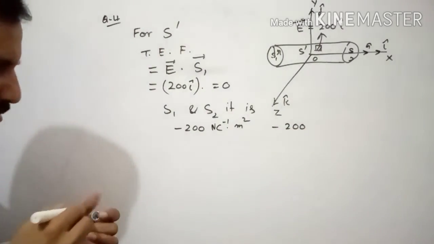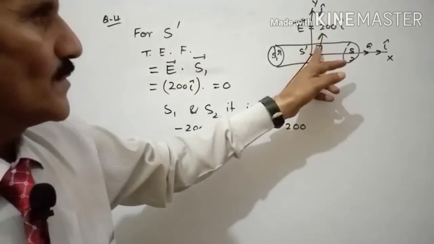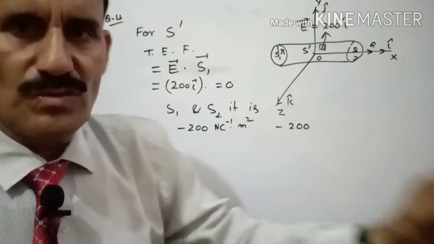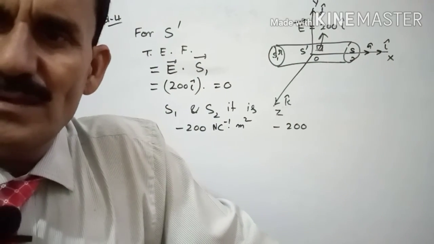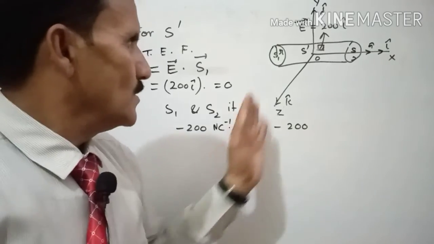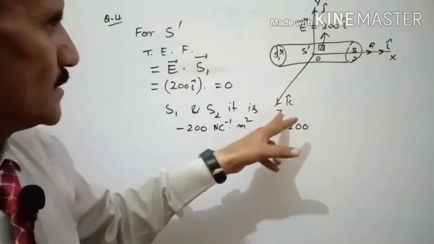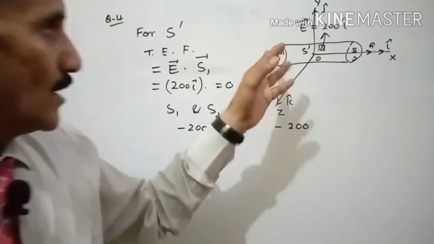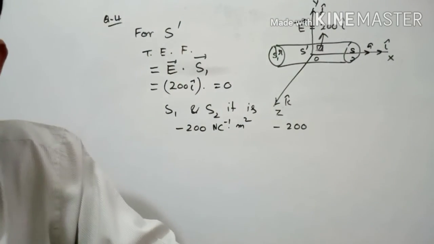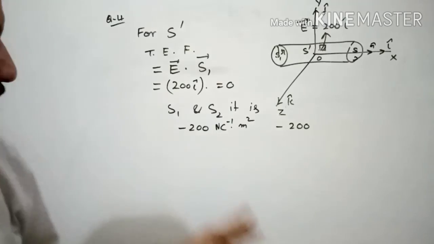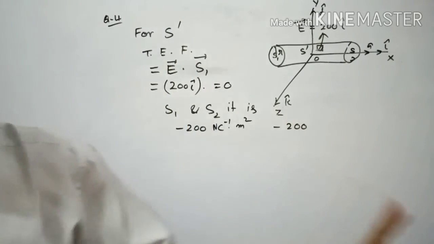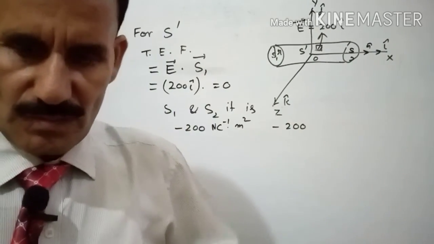Why? Because the normal will be parallel to i cap. Although the surface lies in the ZY plane, the normal to the surface is always parallel to the unit vector, so you are getting this much.